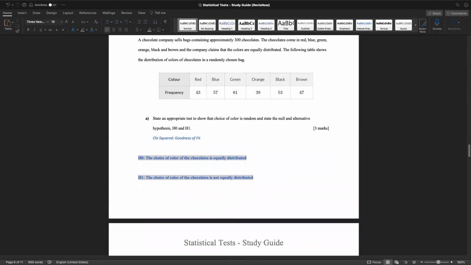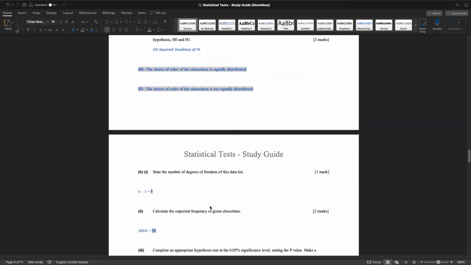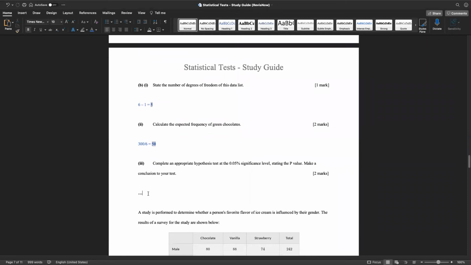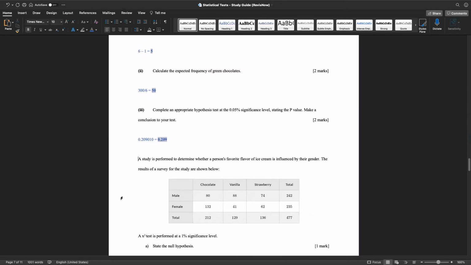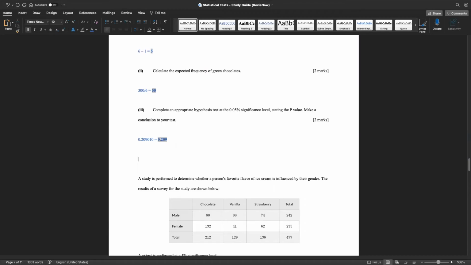Sorry, we're finding the p-value, right? Yeah. Okay, so I got a p-value of 0.209. Yep, that's correct. Okay, moving on. Also, it says make a conclusion to your test, which is that the null hypothesis should be accepted because the p-value is greater.